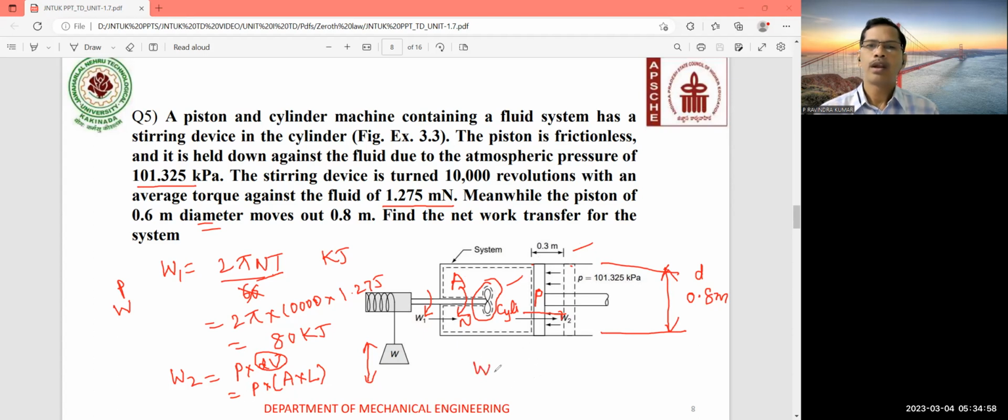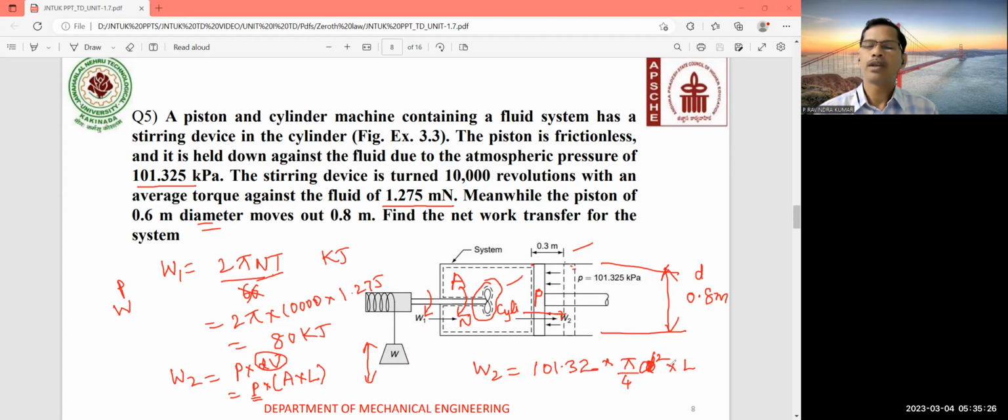So that W2 is equal to, and what is the atmospheric pressure? This is the atmospheric pressure. It is 101.32 kilopascal into area, that is pi by 4 d square, the area of the cylinder, into L, that is the piston displacement.